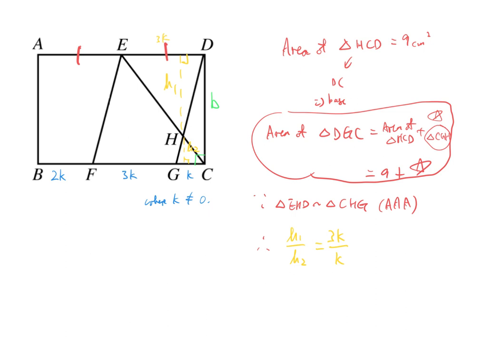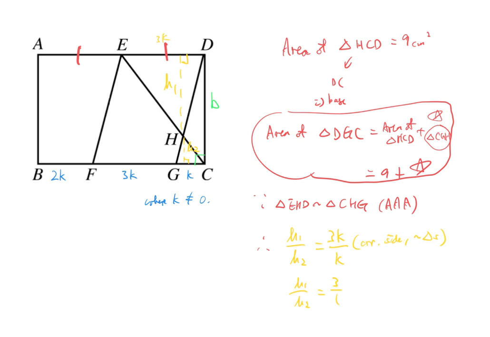So here we found that these are corresponding sides of similar triangles. So we can see that their heights are actually in the ratio 3 to 1.